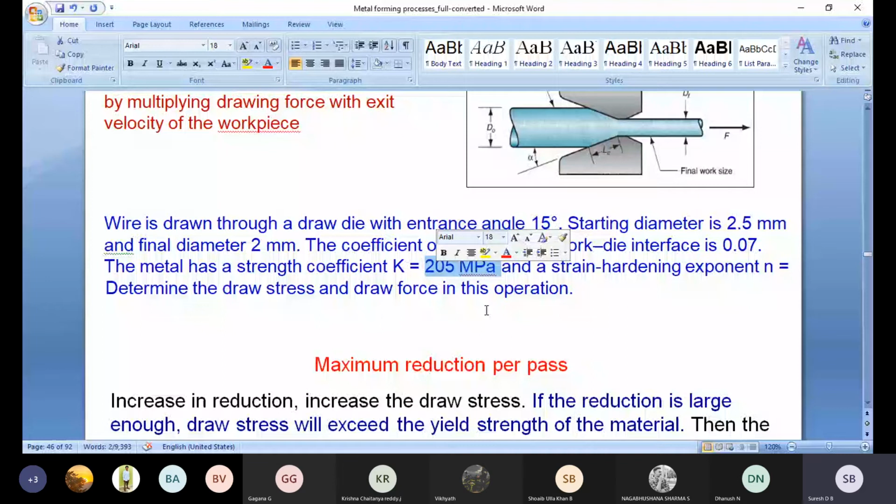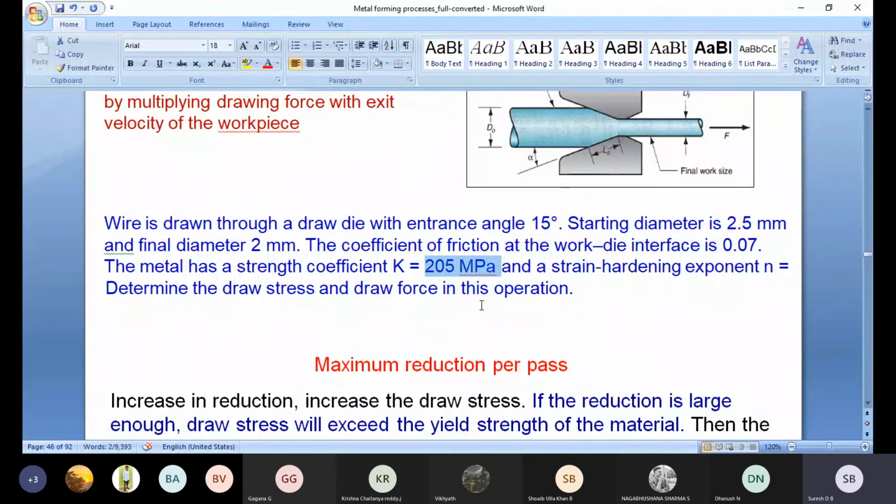If you want the strain hardening exponent, by using stress and force you can find out the hardening exponent. When solving problems, you easily know which one is strain and which is the hardening exponent.